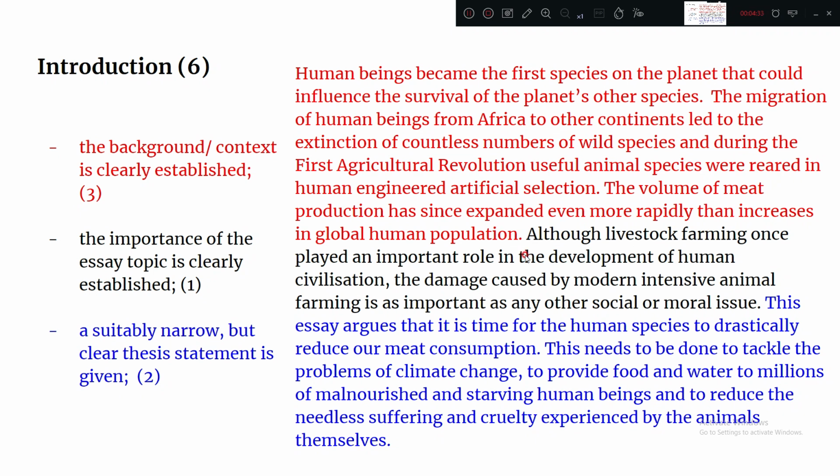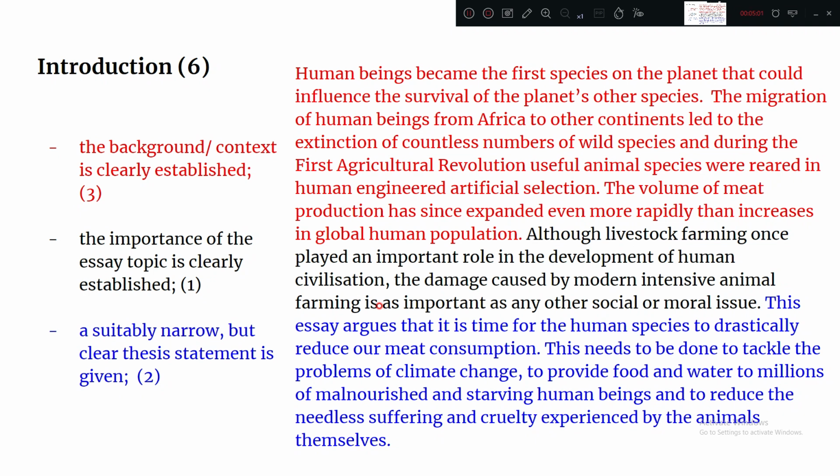The importance of the topic. So let's take a look at the sentence I wrote here, and specifically the second part of the sentence. I said, the damage caused by modern intensive animal farming is as important as any other social or moral issue. Now, I believe I support this argument in the essay.